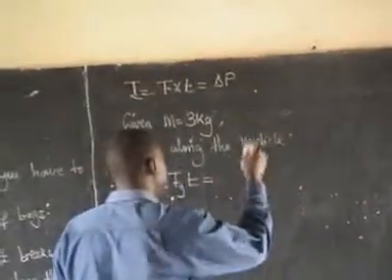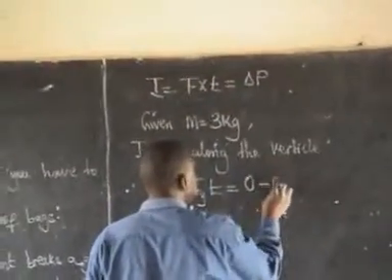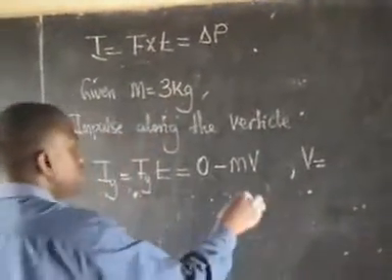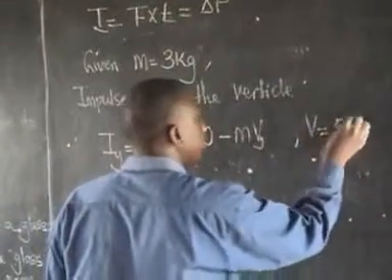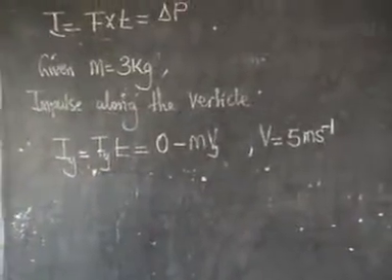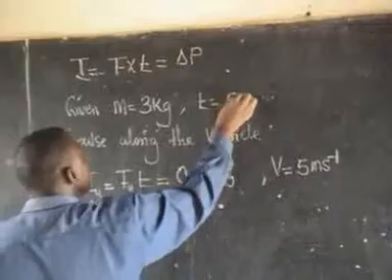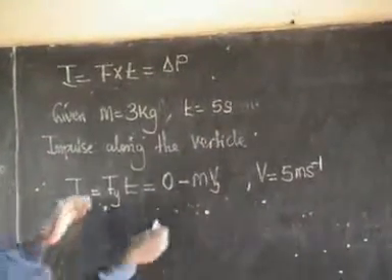So the final momentum along the y is 0 minus mv, where v in this case is the velocity along the y, which is 5 meters per second. Since time is given as 5 seconds, we shall be able to get the value of Fy.